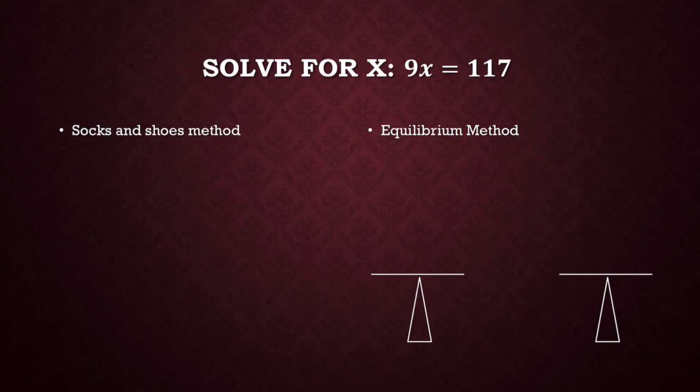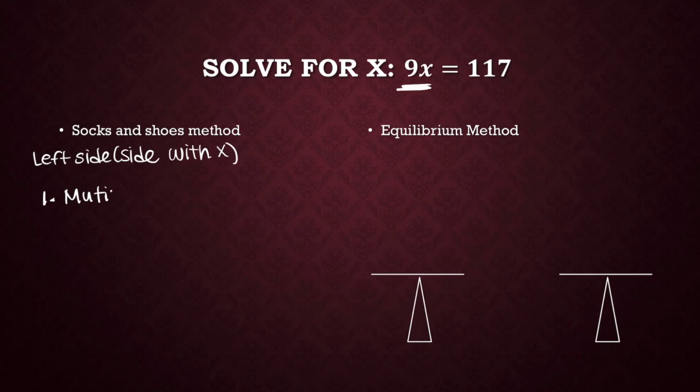So let's solve for x using 2 different methods. The socks and shoes method we've already kind of gone over. So I would say, okay, first on the left side, the side with x, there's only one thing, I'm just multiplying by 9.